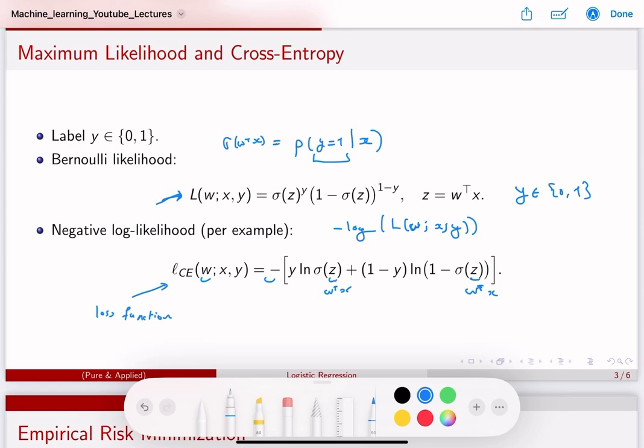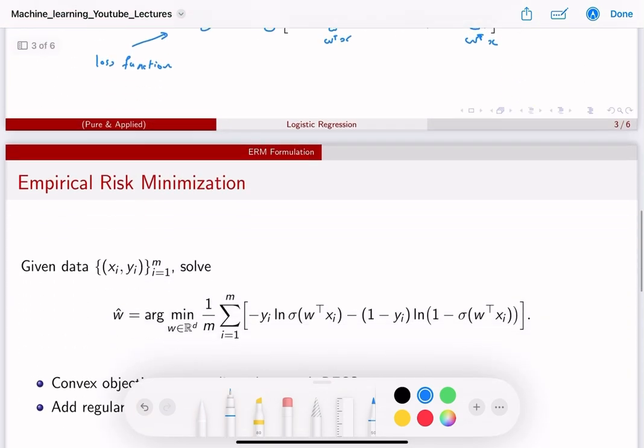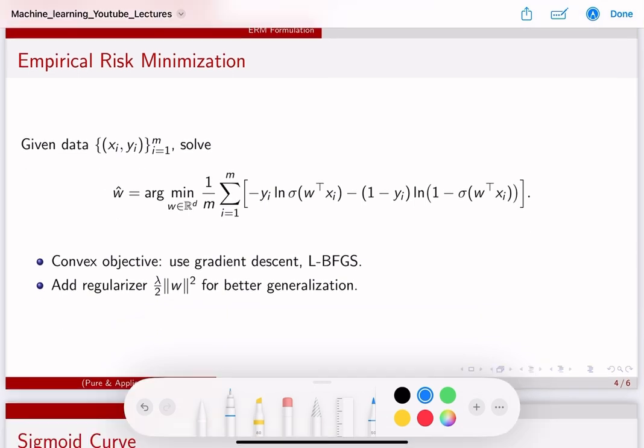So how do we do this? Well, we've now seen a way of doing this that's not hard. We're starting with a data set, and the yi's are labels in 0, 1.